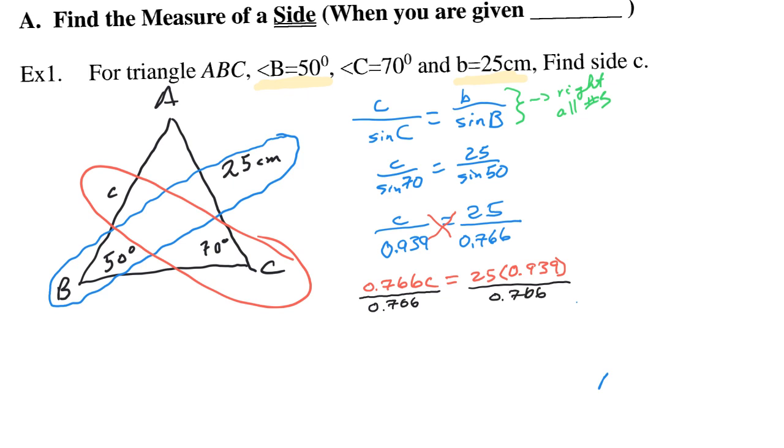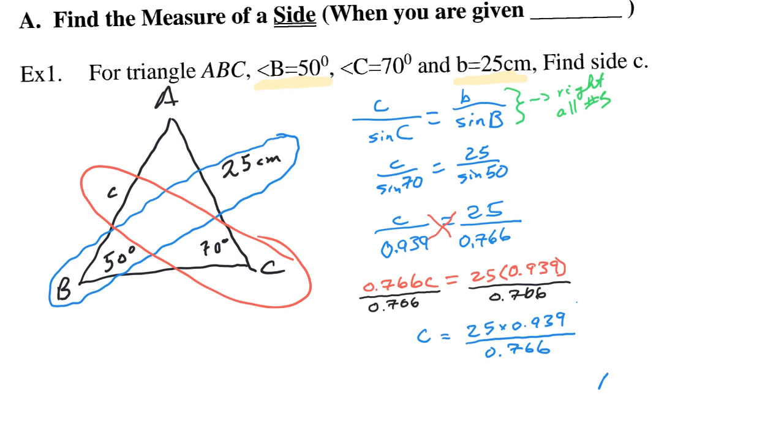And you'll notice that I didn't just calculate right away. So that means C in its final form, like Vegeta, is going to be 25 times 0.939, and then we're dividing that by 0.766.